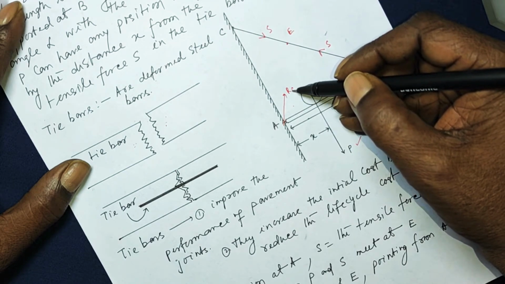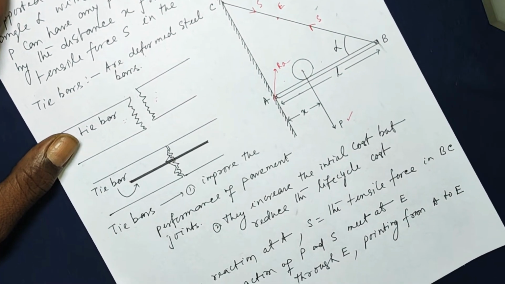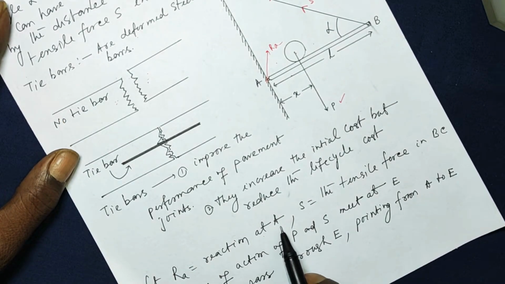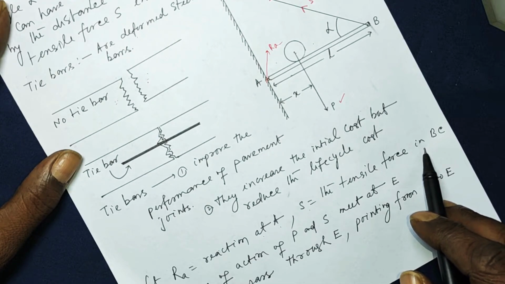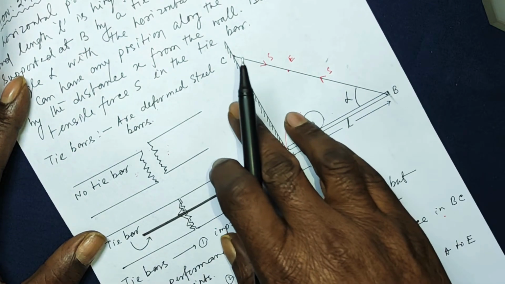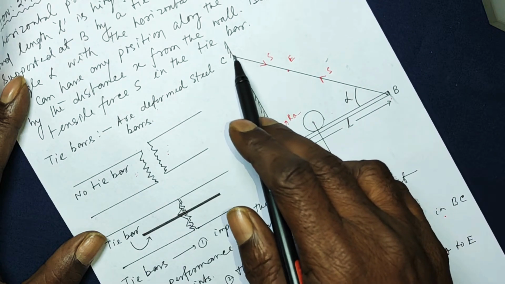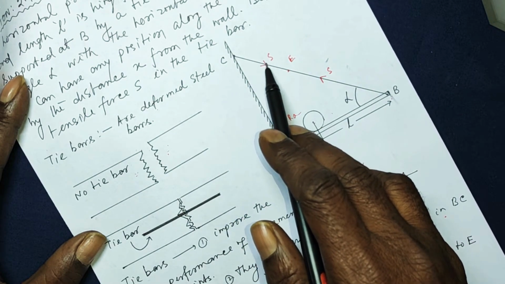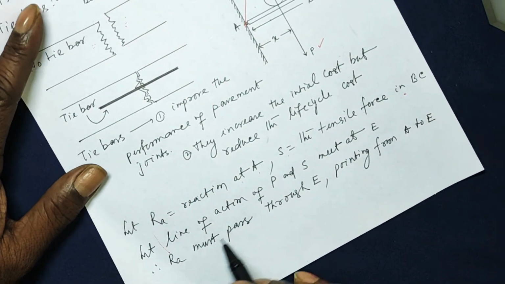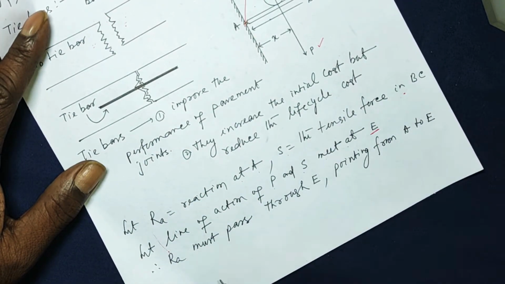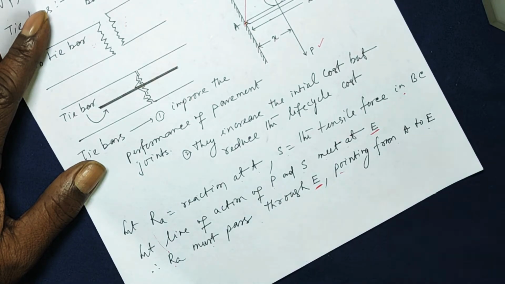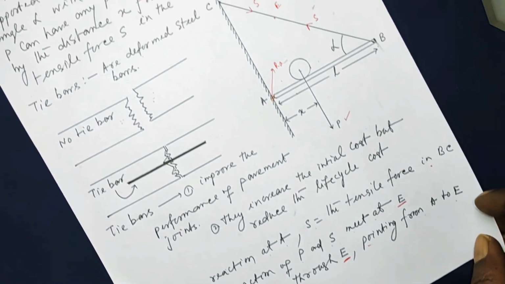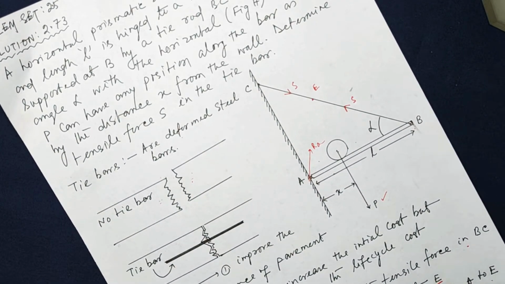I will show in a different diagram. Let RA be the reaction at A. S is the tensile force in the tie rod BC, pointing away from B to C for point B, pointing away from C to B for point C. Now let the lines of action of P and S meet at E. RA must pass through the same point E, pointing from A to E. If you apply the method of projections, it will take more time to solve.